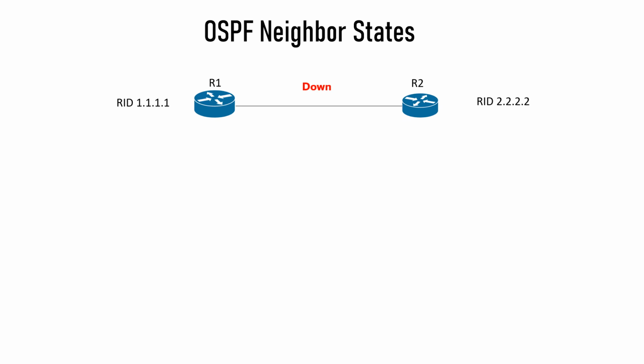Once the router starts sending hello packets, it moves from the down state to the init state.